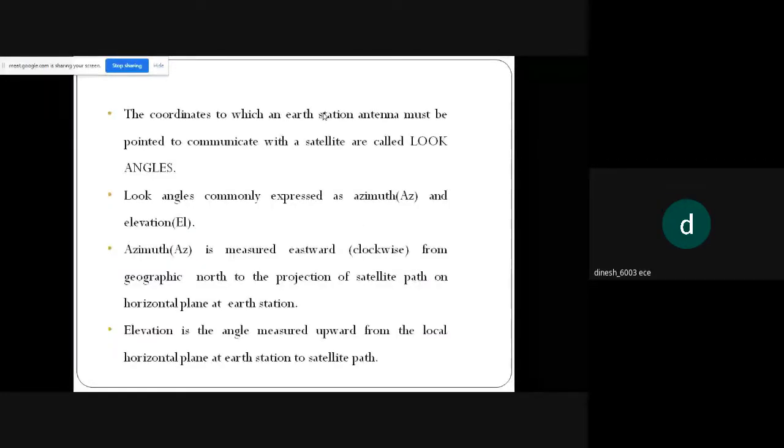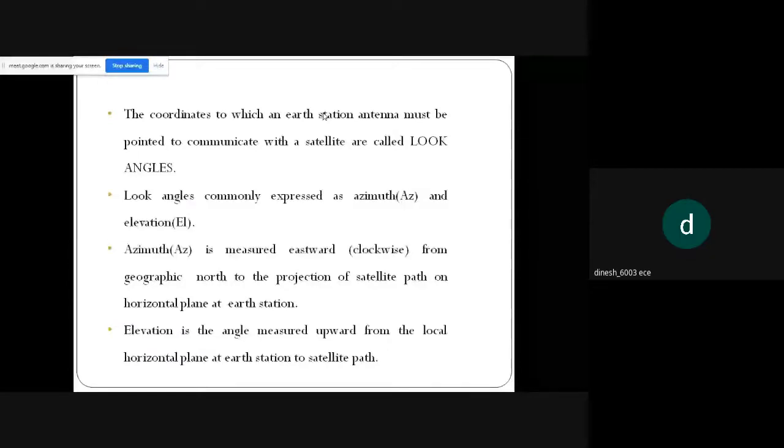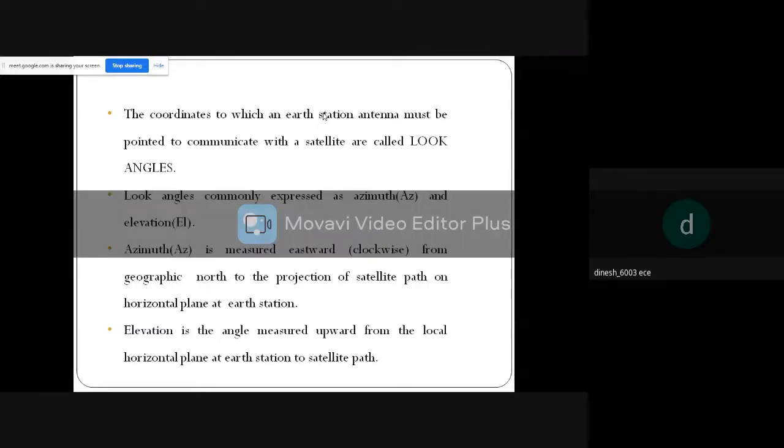Now let us see how look angles come into the picture. The coordinates to which an Earth station antenna must be pointed to communicate with a satellite are called look angles. The coordinates represent the latitude and longitude coordinate always present on the surface of the earth.